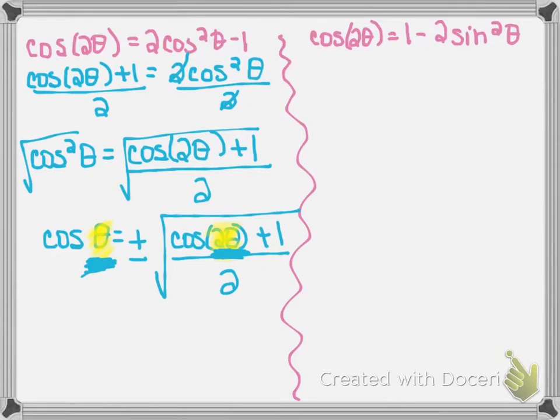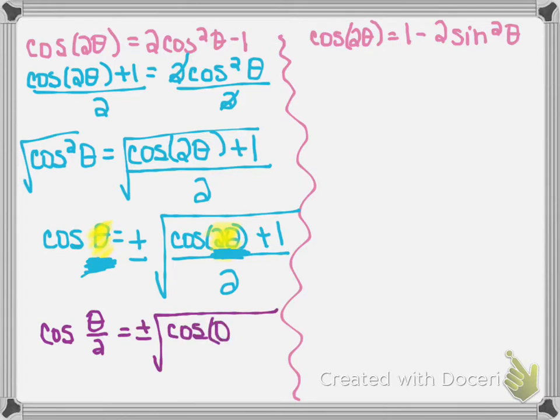So we've used theta in the double angle formulas. So when I got ready to go through here and do my half angle formulas, this is the way it ends up. But in the book, to make it look like, okay, remember, this is a half angle formula, they substitute, just kind of like I was playing with the 5 and the 10 a minute ago. They say, well, the cosine of whatever is equal to plus or minus the square root of the cosine of double that.